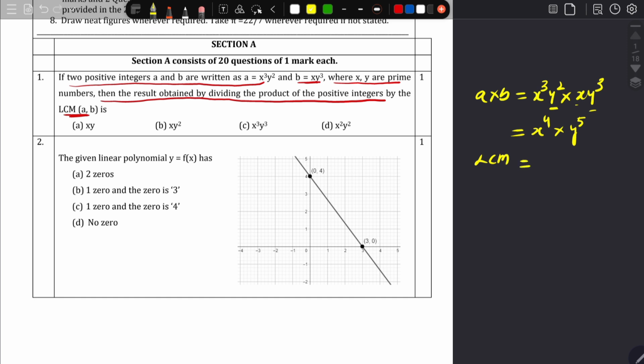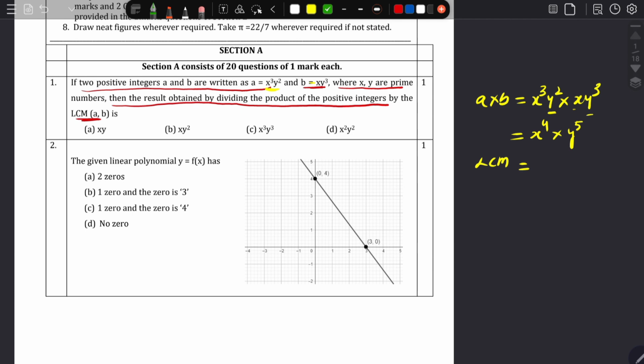For the LCM of a and b, we have to consider the highest power. Between x cube and x, x cube is the highest power, and between y square and y cube, y cube is the highest power. The required answer is the product of the positive integers divided by their LCM.